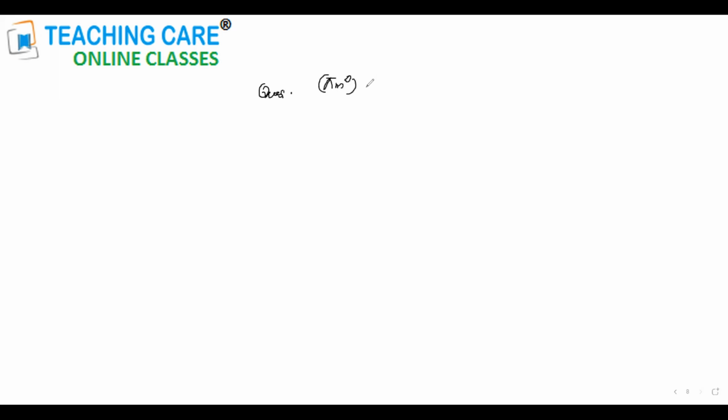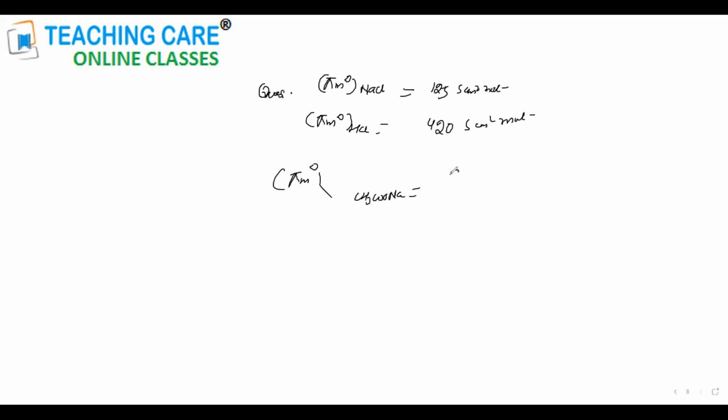The molar conductivity of NaCl at infinite dilution, this strong electrolyte, is given as 125 Siemens centimeter square per mole. The molar conductivity of HCl is given as 420 Siemens centimeter square per mole, and the molar conductivity of CH3COONa, that is sodium acetate, is given as 90 Siemens centimeter square per mole.